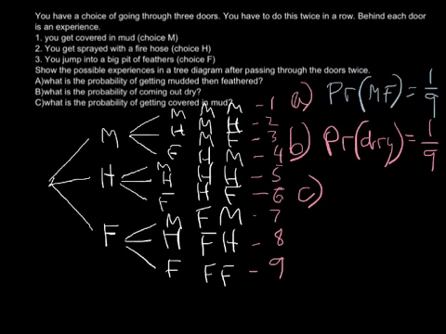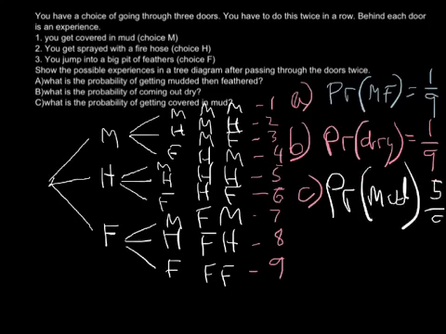So we have 1, 2, 3, 4, 5. So our probability of mud is 5 out of 9.